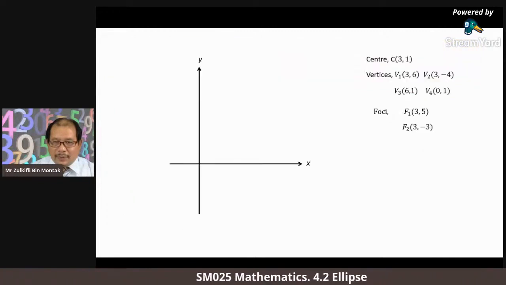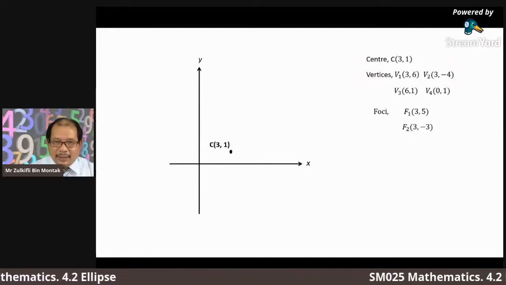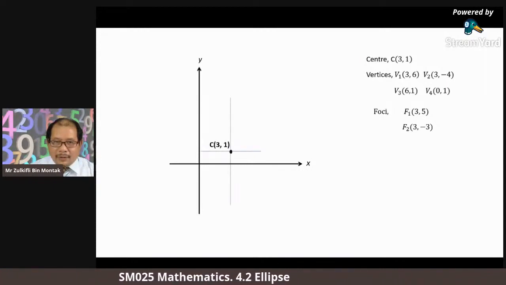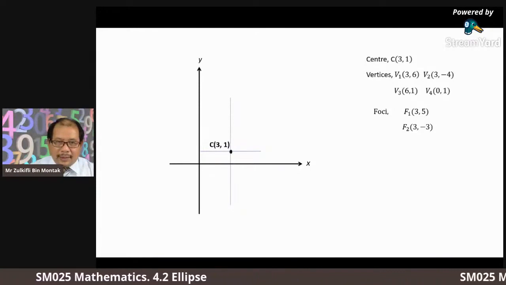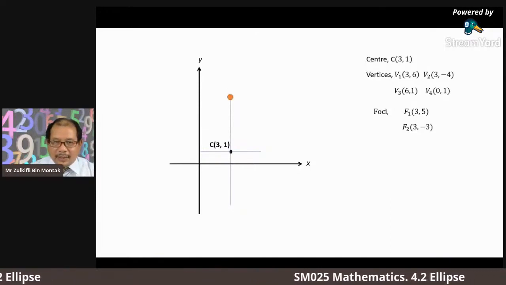So with the previous data, we can plot the graph. This is the center (3, negative 1). Now you sketch the lines, the minor and major axis.